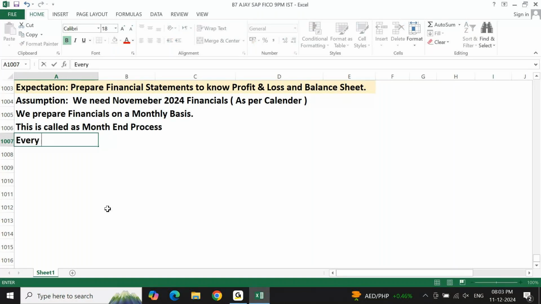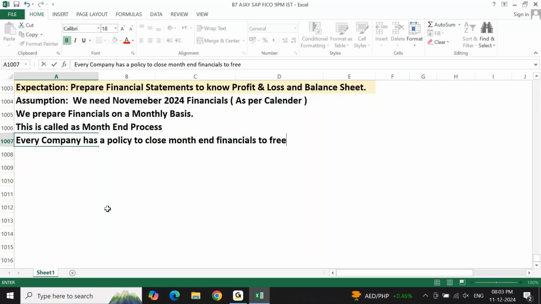Now, every company has a policy to close month-end financials, to freeze or finalize the profit and loss.